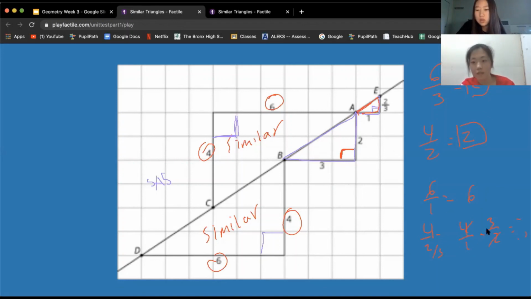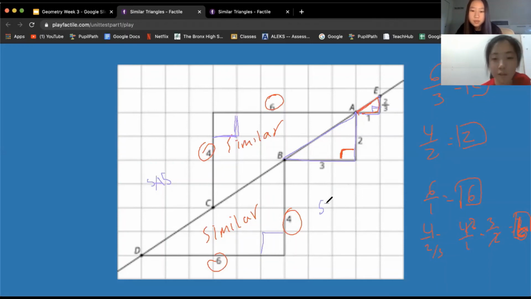Oh wait, I forgot this is 2, so it's equal to 6. So yeah, they are similar. They are all similar. We just proved that they are all similar.